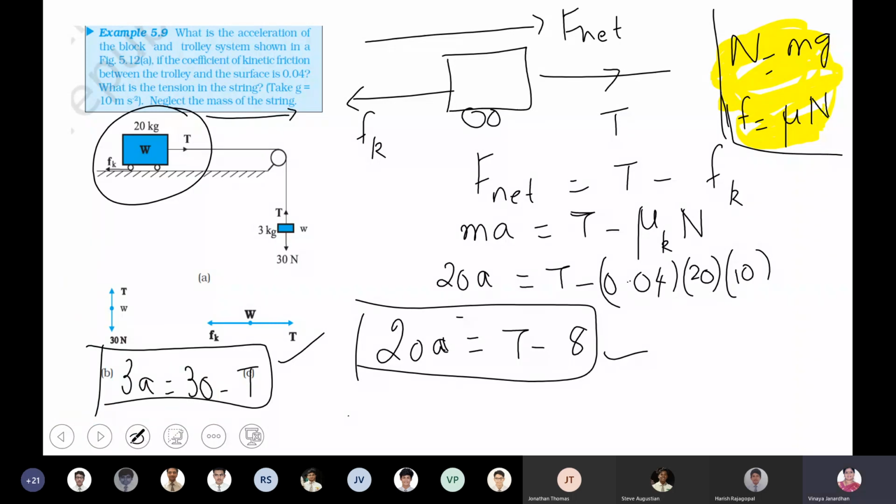Now you can solve, add both the equations, find the value of A, and then you can find the value of T also. I'm getting A as 22 by 23. Yes, correct. 22 by 23 meter per second squared, right?